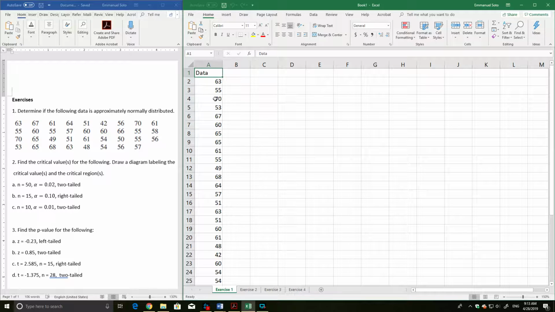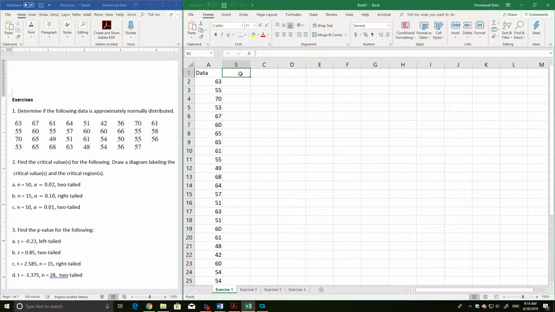And for the first exercise, I've typed in all the data into one column. So now what we want to do is determine if it's normally distributed. So we're going to do a scatter plot. We call this a quantile plot.